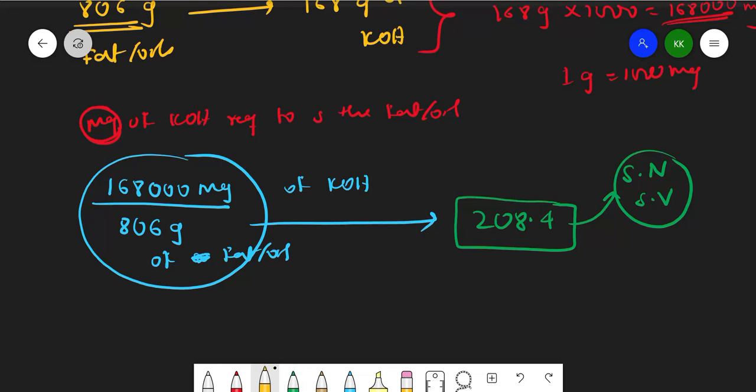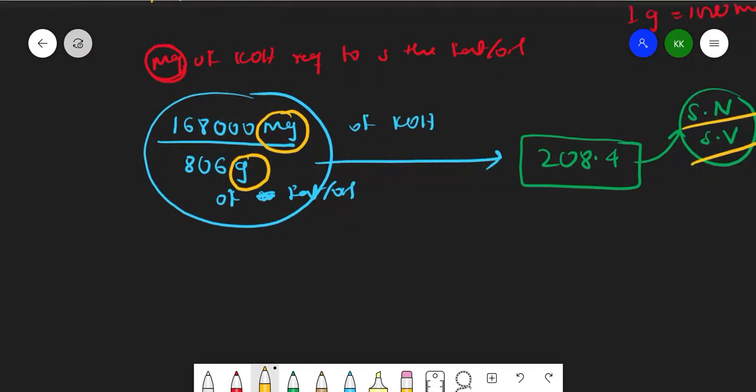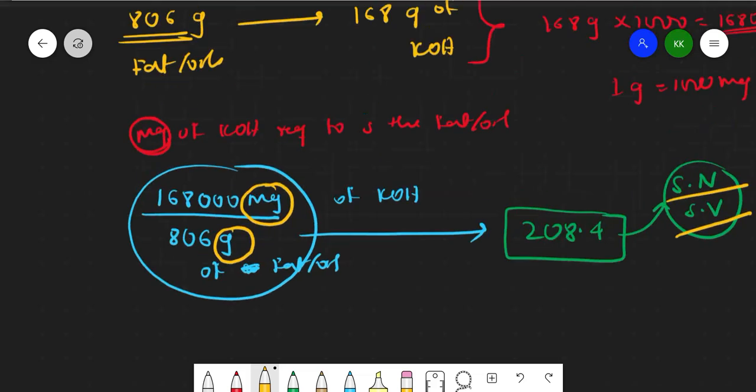So you don't bother about this: we always take KOH in milligram, whereas fats and oils we always take in gram, because the saponification number or value will always tell the same. It is the number of milligrams of KOH required to saponify 1 gram of fats and oils, right?